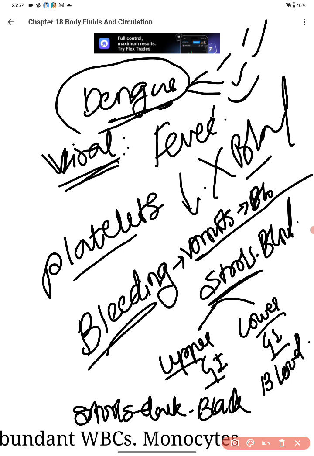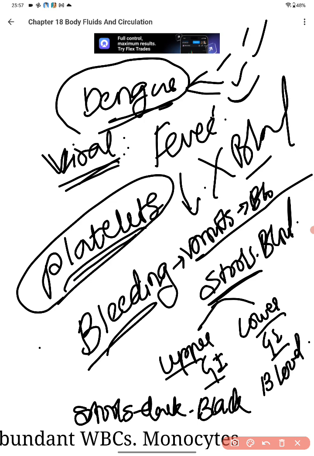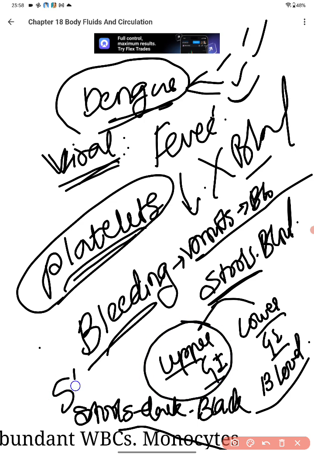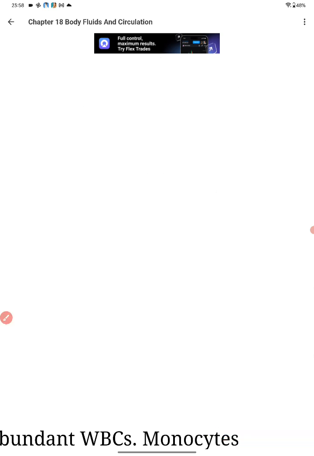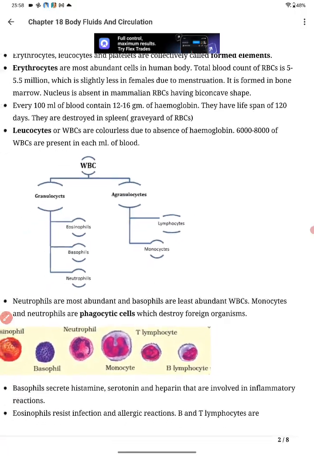Even for a small cut there will be a lot of bleeding, because the platelets are not there for forming the blood clot. If there is bleeding in the upper GI, the stools will be dark black in color, and if there is lower GI bleed, there will be fresh blood. So this is about dengue.